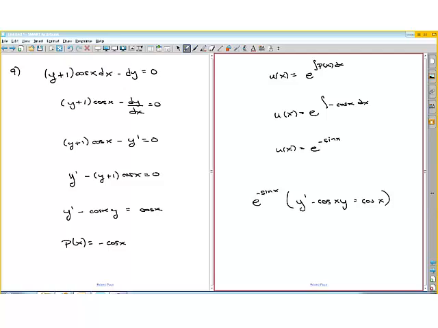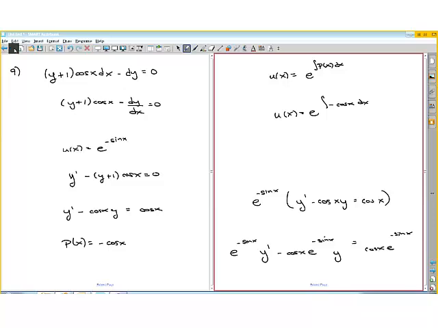When we do that operation, we get e to the minus sine of x times y prime, minus cosine of x times e to the minus sine of x times y, and that's going to be equal to cosine of x times e to the minus sine of x.